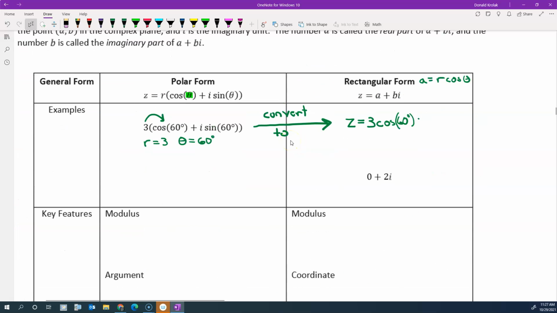So this is going to be 3 sine 60, times i. And that's what it looks like in rectangular form. But we're not done yet.